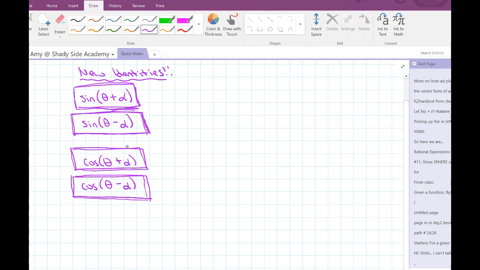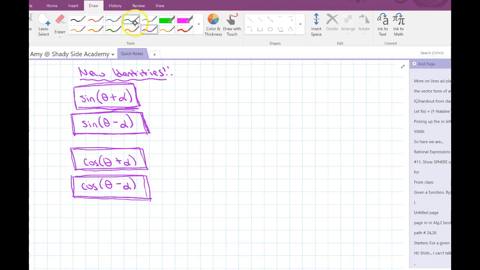This is not the same thing as saying, for example, 7 times x plus 3. There is no multiplication here. This is sine of. The sine of, say, 10 degrees plus 14 degrees would equal the sine of 24 degrees, but that does not equal sine of 10 degrees plus sine of 14 degrees.